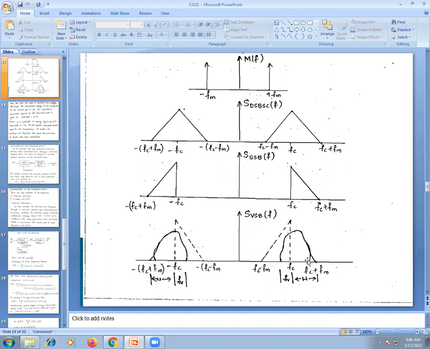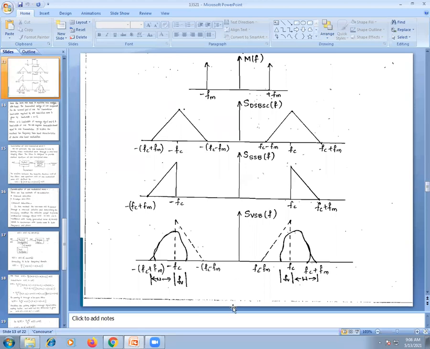So one sideband is the upper sideband, plus some portion of the lower sideband added to it. That is known as the vestigial part, fv.